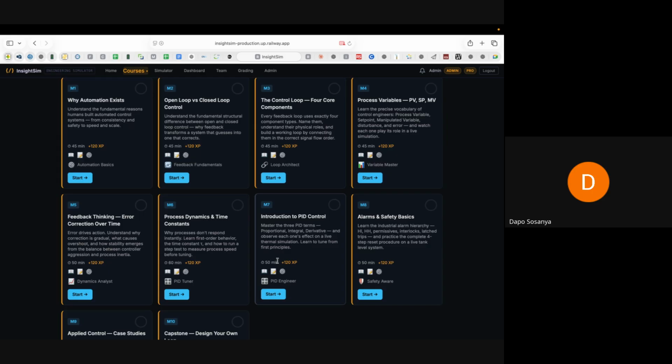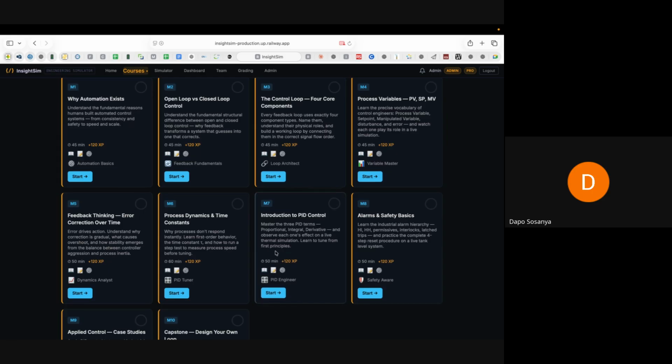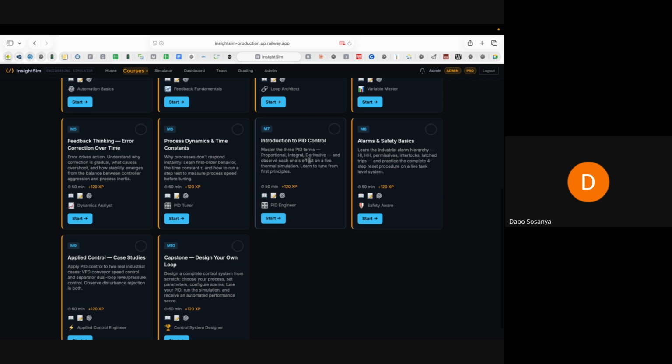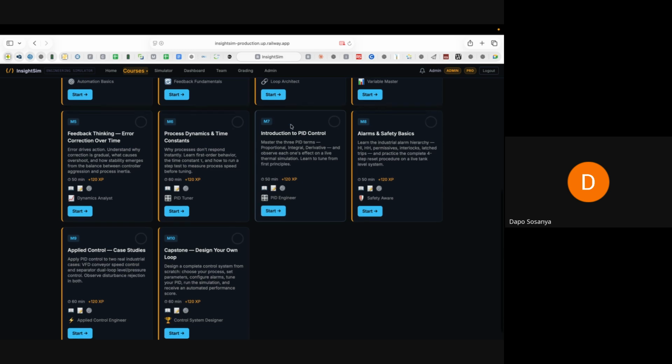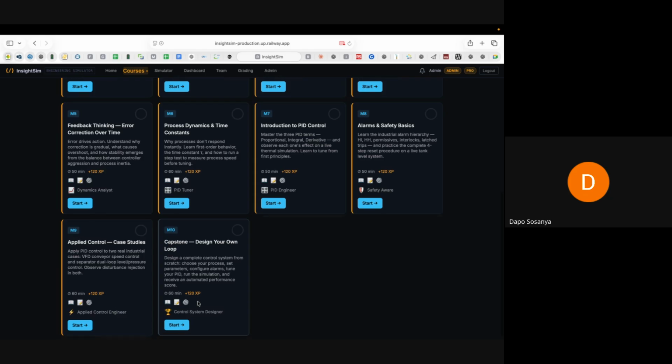And what we are doing today, we have just about four modules: M7, M8, M9, and M10, which is like a capstone where you design a complete control system from scratch. You choose your process, you set parameters, you configure alarms, you tune your PID, you run the simulation, and you receive an automated performance score.